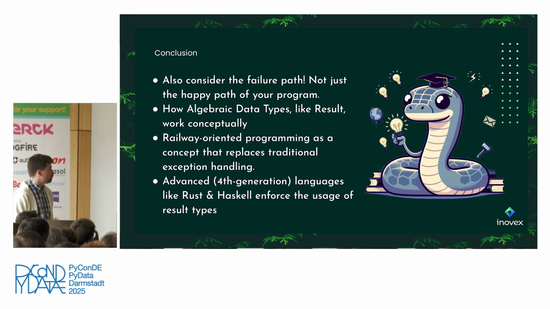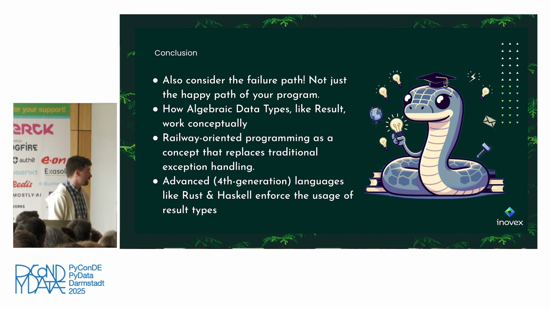We have seen railway-oriented programming as a concept that replaces traditional exception handling, for instance, in Rust. And yeah, we have seen that fourth generation languages like Rust and Haskell can even enforce this on result types.